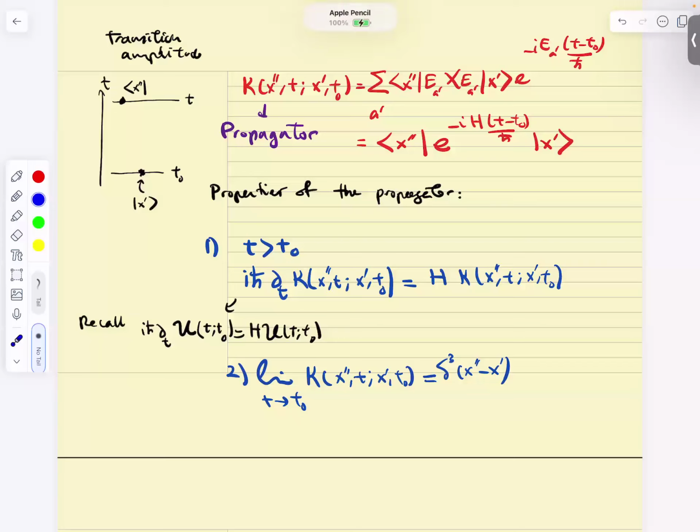Now, I'm going to ask you, for t larger than t naught, to solve the Schrodinger equation. At t going to t naught, you should take this form. At t less than t naught, what should it be? Zero. That's very crucial.